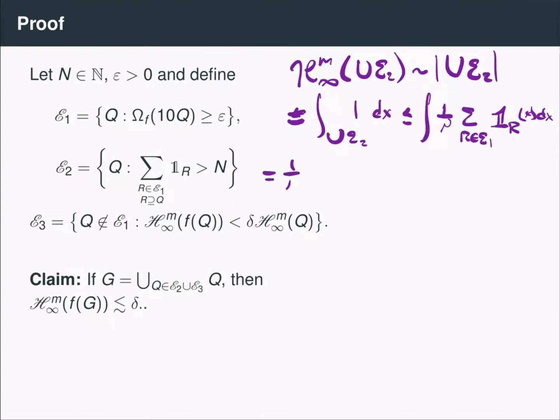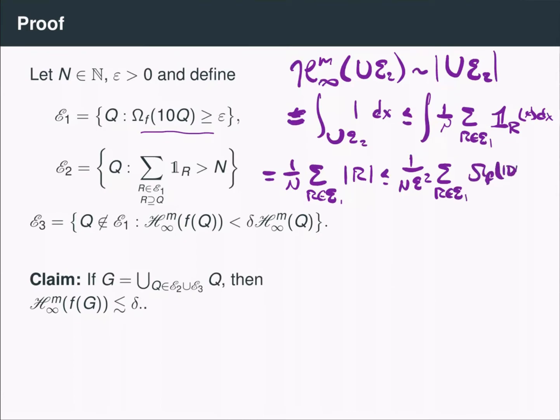This will be the same thing as 1 over n times the sum over cubes R in E1 of the measure of R. Now recall that if R is in E1, that means that the omega number for 10R will be at least epsilon, which means that this will be at most 1 over n epsilon squared times the sum over R in E1 of omega f of 10R squared times the volume of R. That's because omega f divided by epsilon will be at least 1 for each cube R in E1.